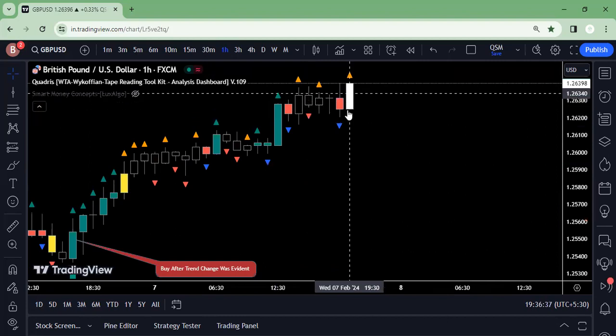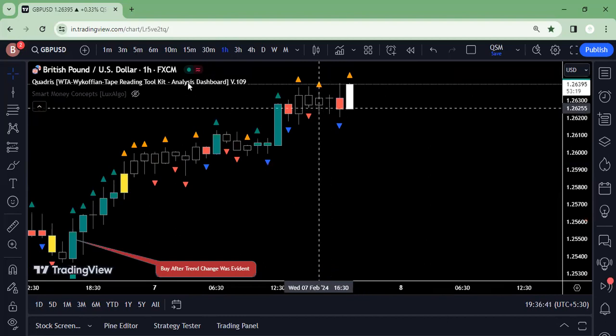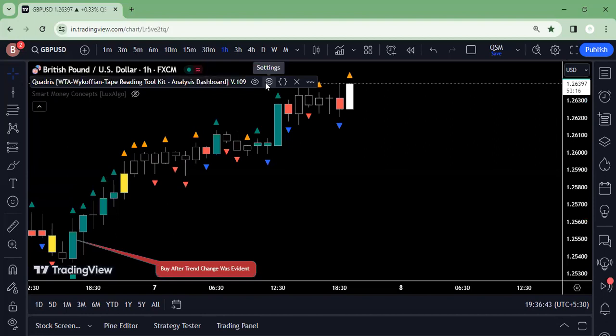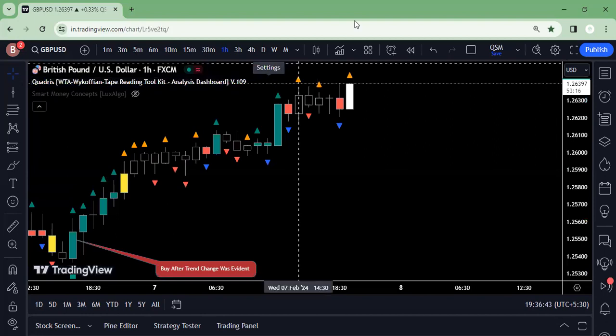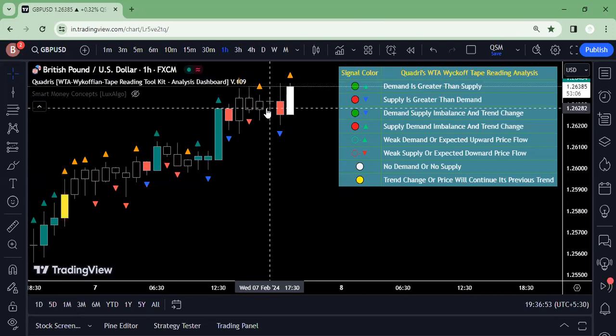During the candle, as per the dashboard, there was a formation of a green triangle and blue triangle with a green candle.